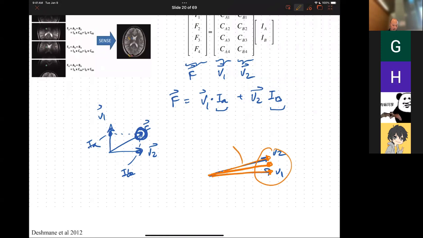In one case, since V2 goes with IB, F just equals V2 times IB, and IA would be 0. In another case, F is just equal to V1 times IA, and therefore IB is equal to 0. So there's a huge variance in my estimates.